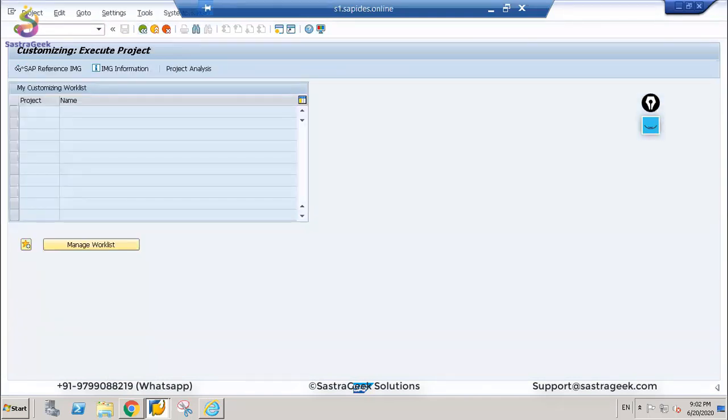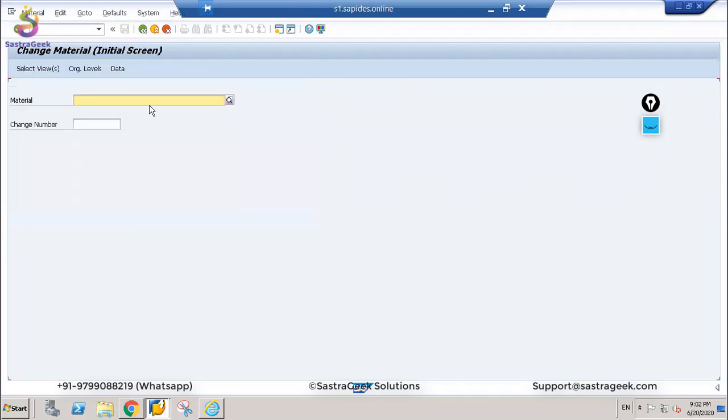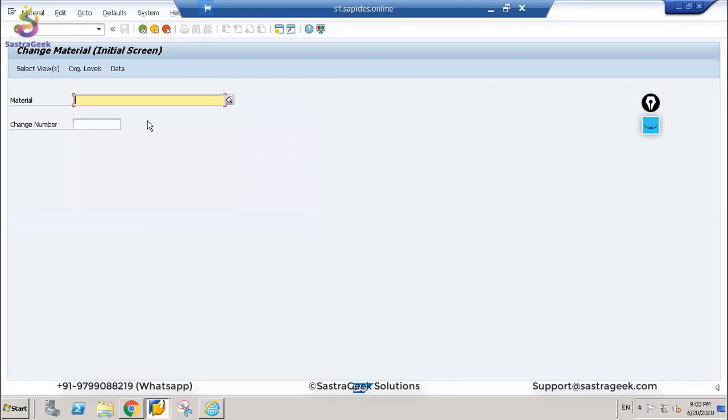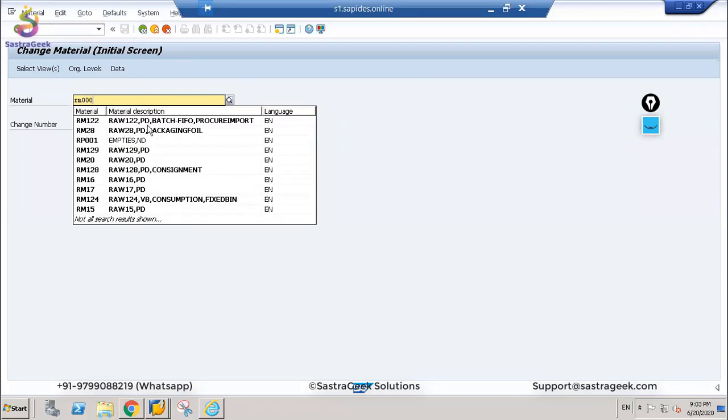That's what somebody was talking about, where we need to assign it, right? MM02 or MM03 and MD04. We will see here. Let's say, what was that material number? Area 00. Okay.